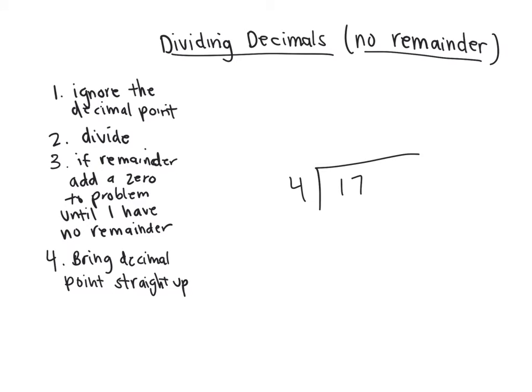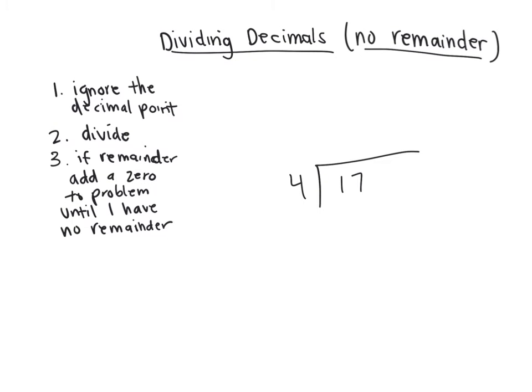Okay. I'm going to erase my step 4 for a second here because I'm going to add on to it. I can also do this with a regular number and not have a remainder. I just have to make it a decimal. So I'm going to add a step 3.